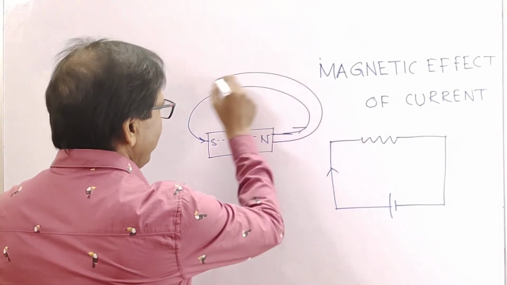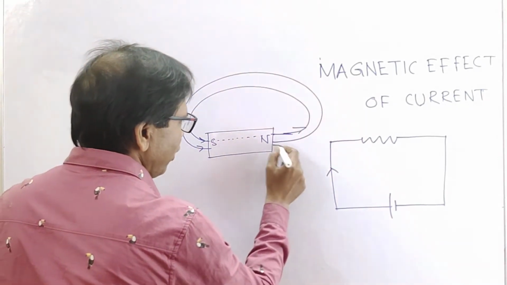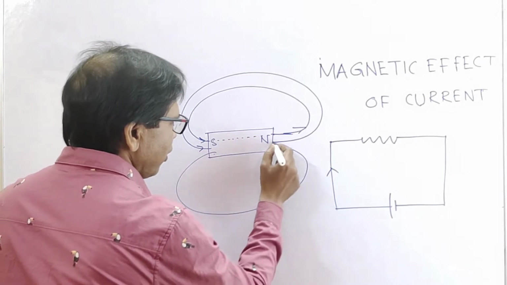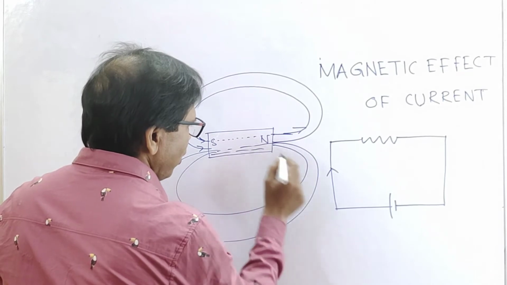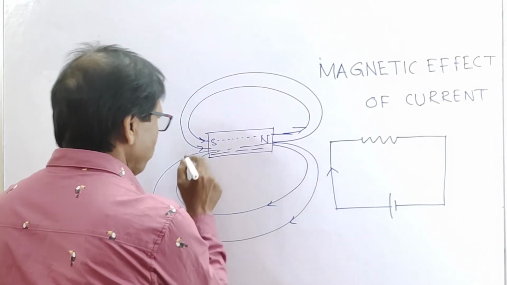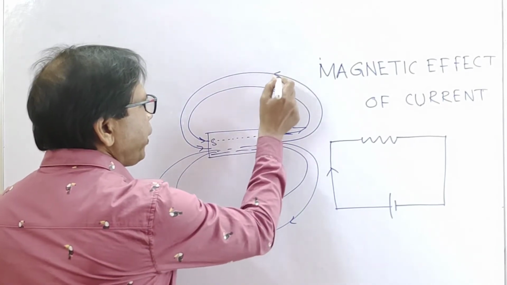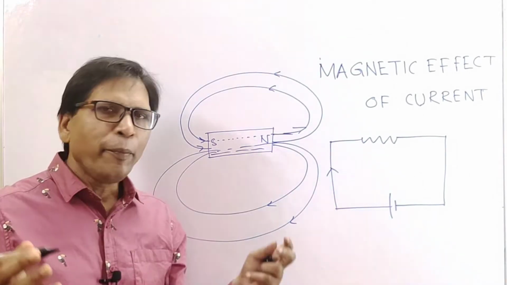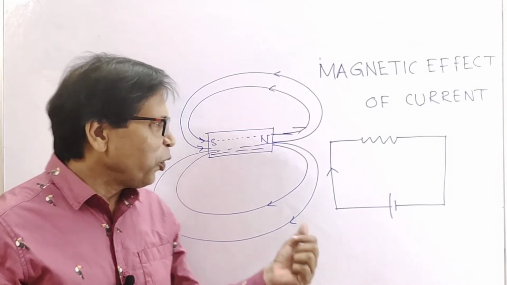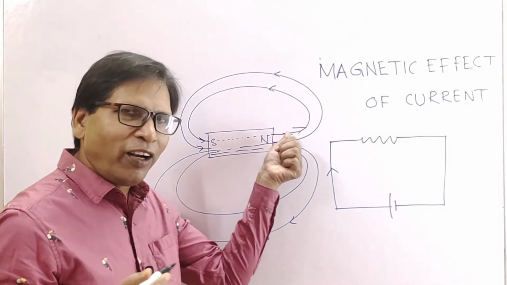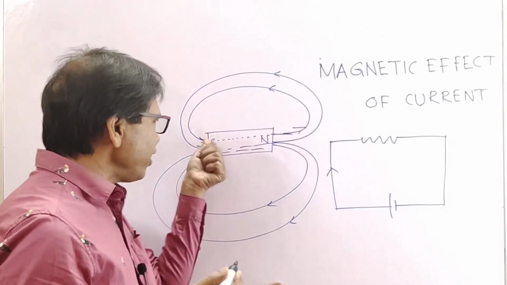In this way, this is the magnetic lines of force. Now, properties of magnetic lines of force. Magnetic lines of force are imaginary lines which emerge from the north pole and merge at the south pole.